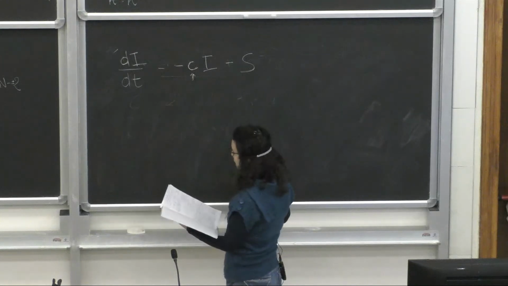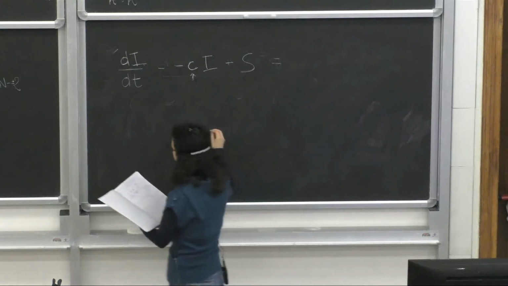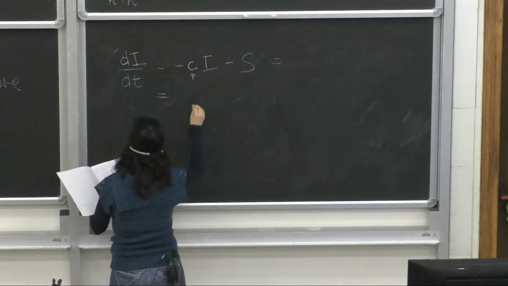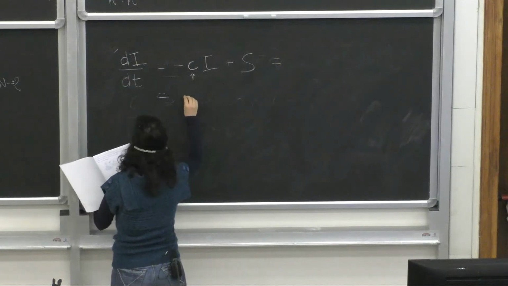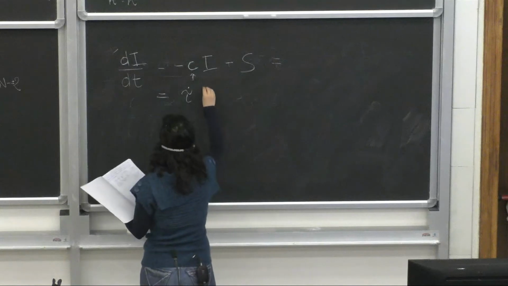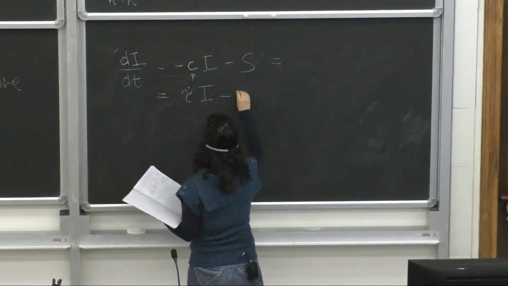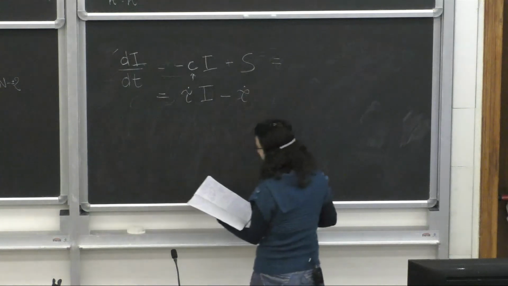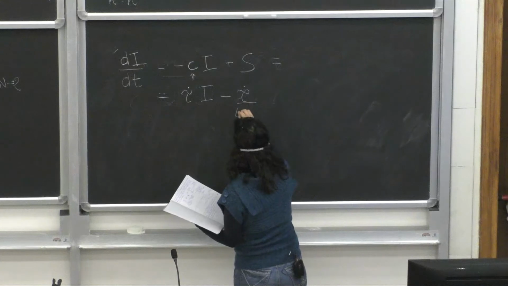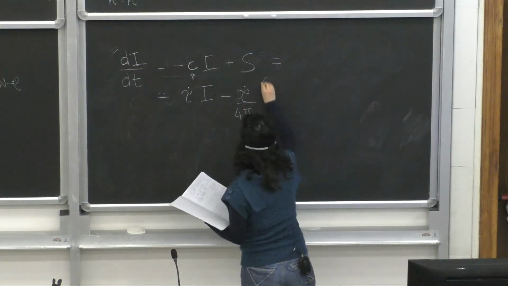So in the case of the CMB, we can write this as tau prime, I will come back in a moment to tau prime, minus the source term that we write in this way, tau prime over 4 pi.